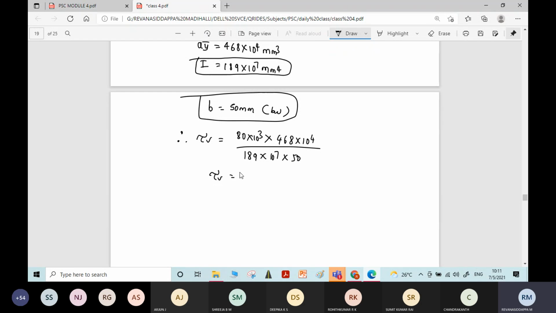Tell me the answer, friends. 3.96 Newton per mm square.